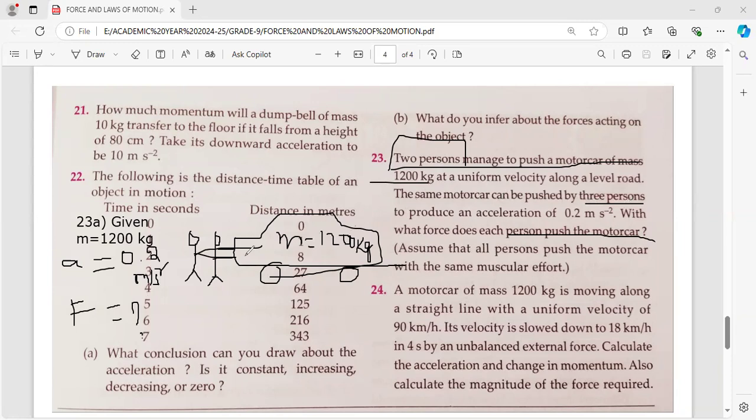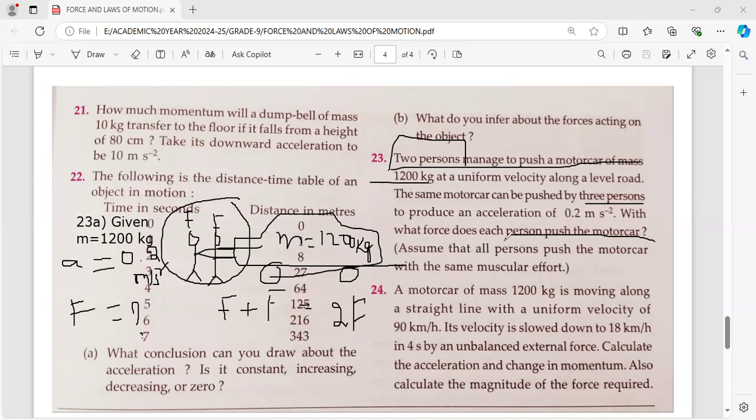Now here if you observe, if the first person is acting with force F and the second one F, so here two forces will add, right? So in the first case, when two persons are trying to push it, F plus F is equal to 2F. Total net force will be 2F.